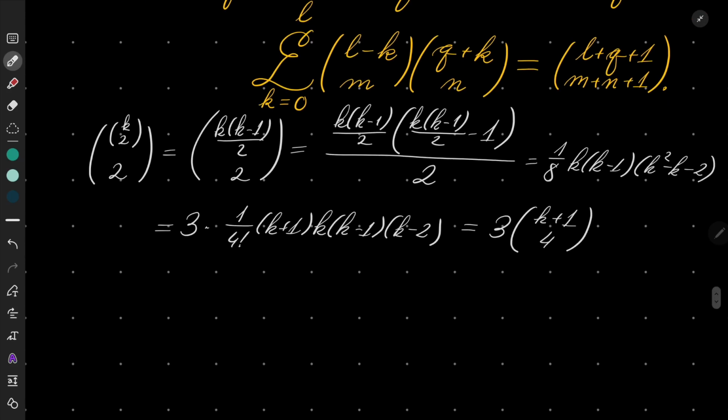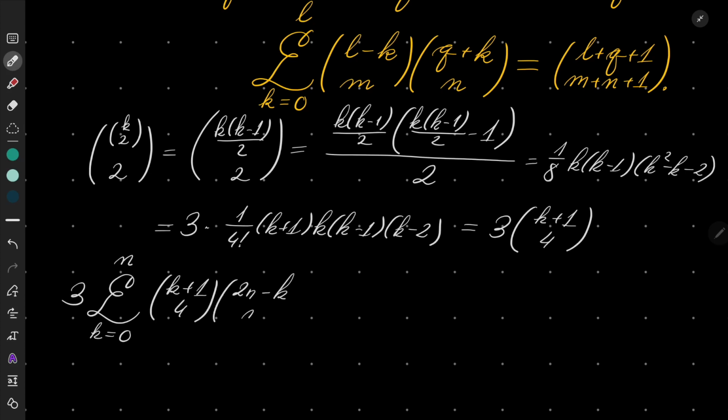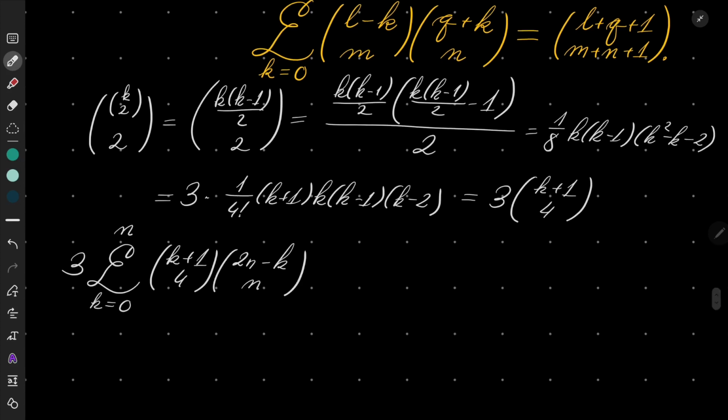Okay, so our sum is the sum over k from 0 to n of 3, which can be put in front of our sum, k plus 1 choose 4 times 2n minus k choose n.